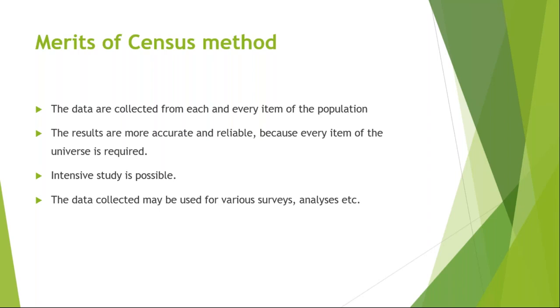Number two, the results are more accurate and reliable because every item of the universe is required. So you are sure of getting accurate and reliable results, because every member, every unit of that population has been investigated.